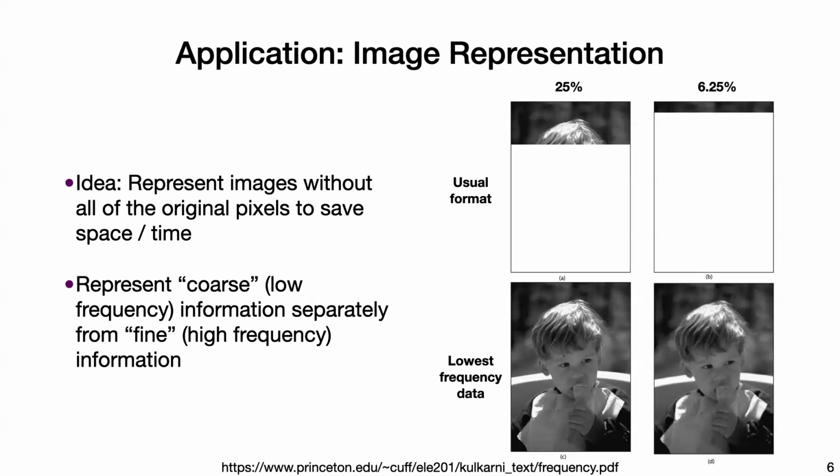Coarse, or low frequency, information is in some sense the most important, capturing the general idea of the data. Using the lowest frequency information, this is using about 6% of it, and this is using 25%. So the point is that it can give a better picture of what the actual data is, without just arbitrarily choosing pixels, which may not give you much information.